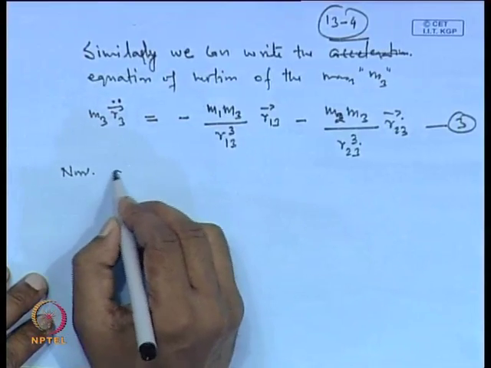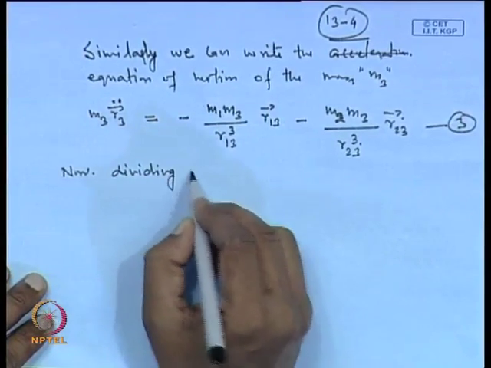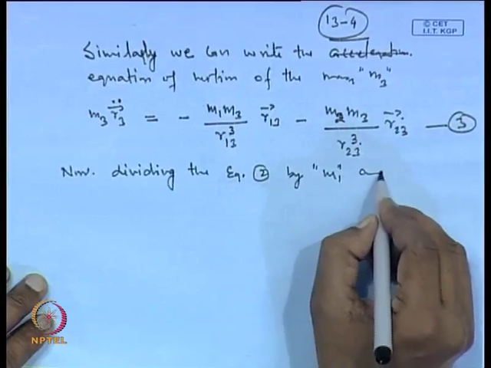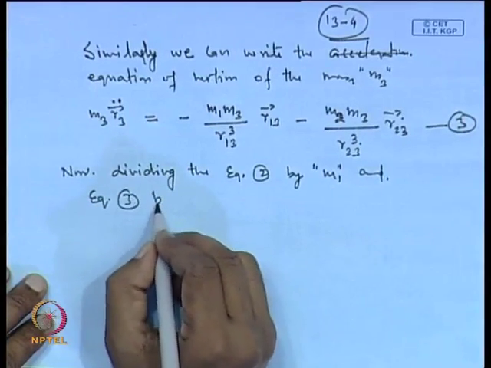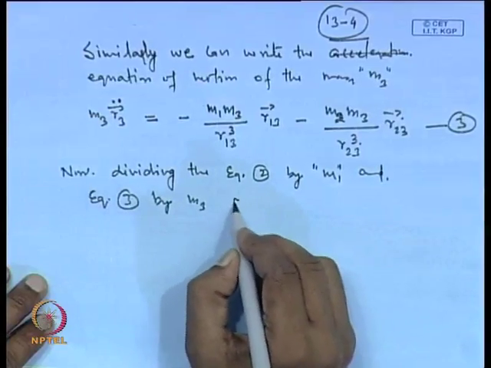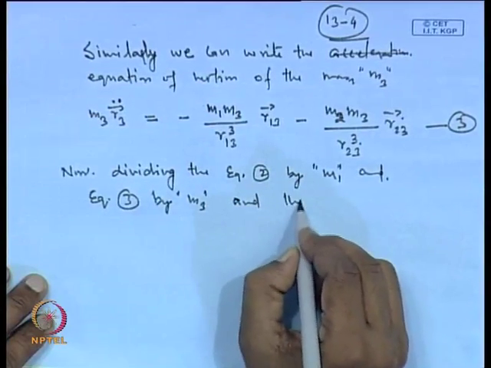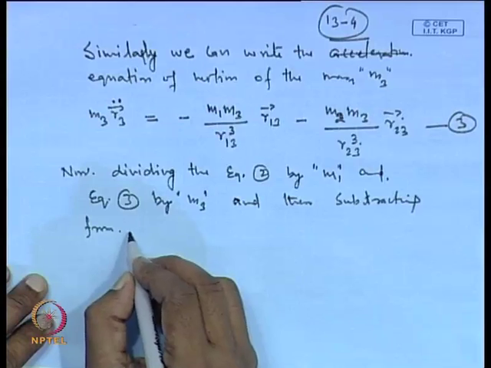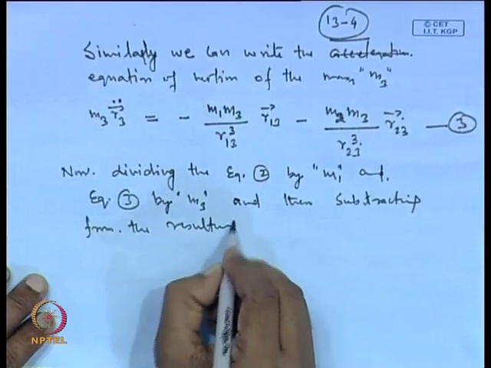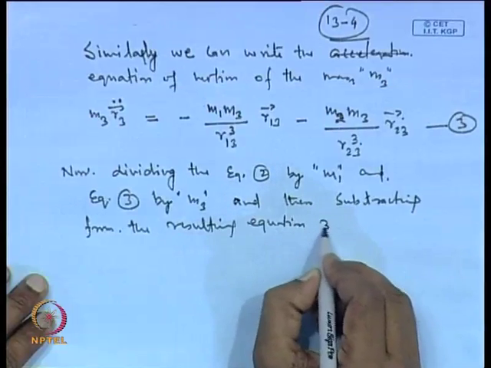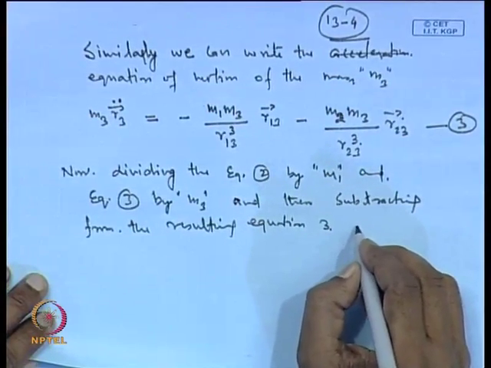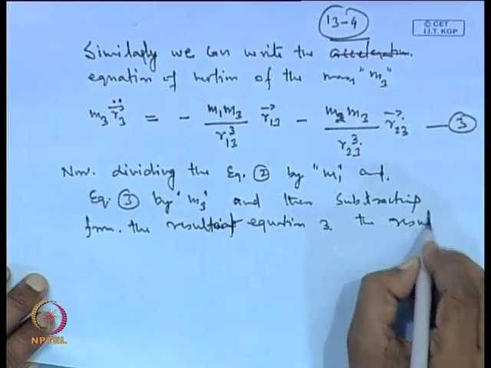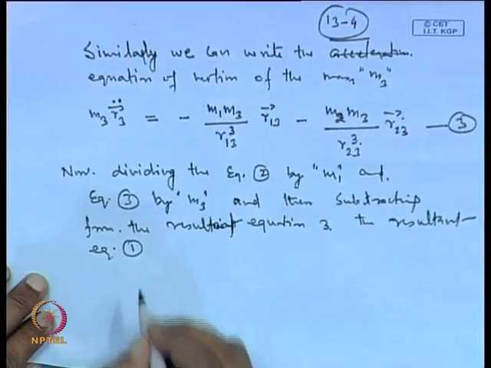Now, dividing equation 2 by m1 and equation 3 by m3, and then subtracting from the resulting equation 3 the resulting equation 1.